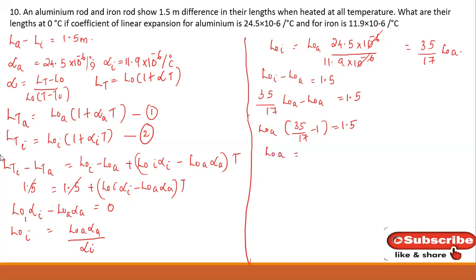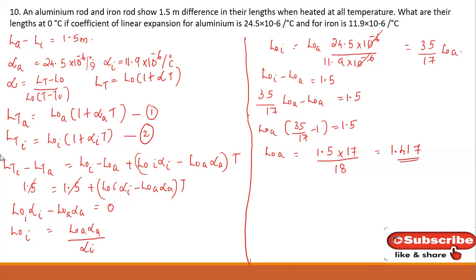Therefore, L0A is equal to 1.5 into 17 upon 18 on cross multiplying. On solving, we will get 1.41666 recurring. We can approximate it as 1.417. This is the value of L0A.